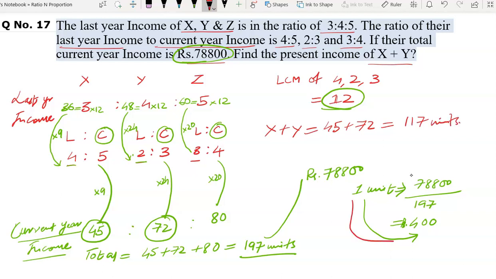So 1 unit represents 400. So 117 units will represent 117 into 400. And this will give us 46,800. And this is our answer.